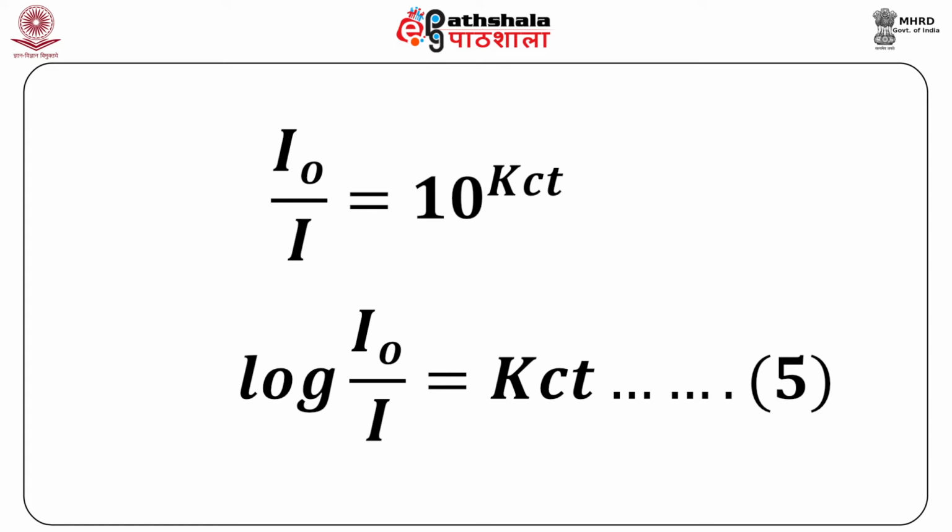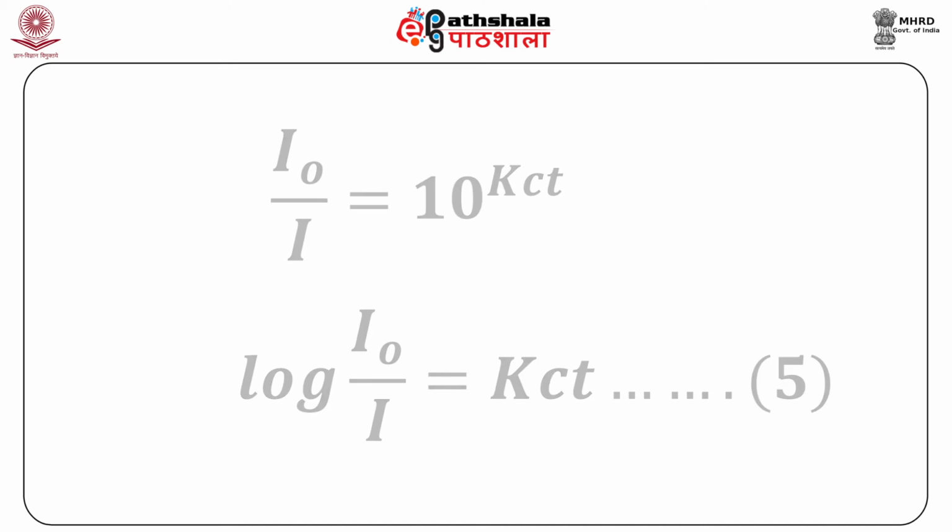The log is now taken on both sides to give log of I naught by I is equal to capital K C t. This equation is now called equation 5.